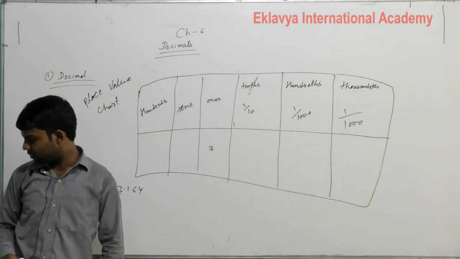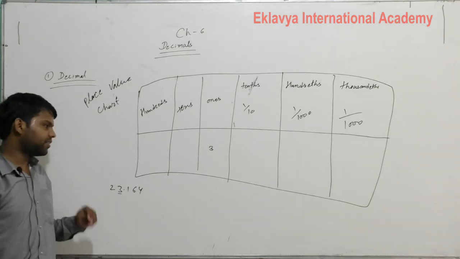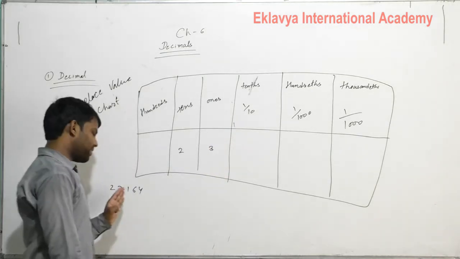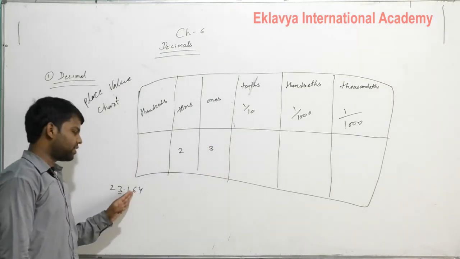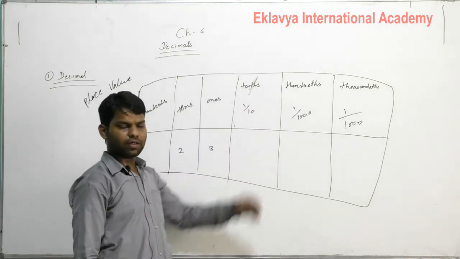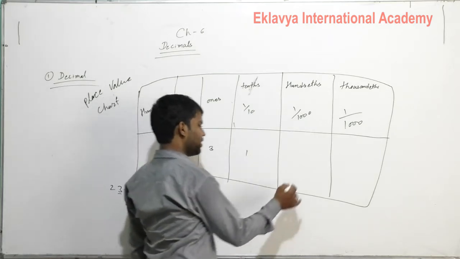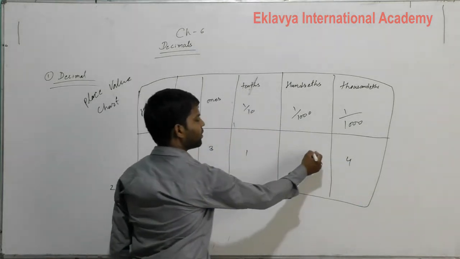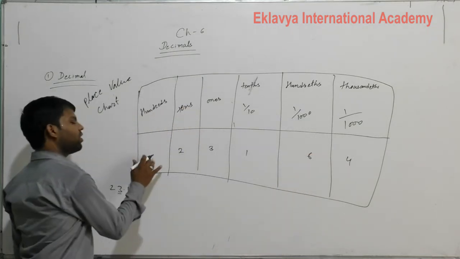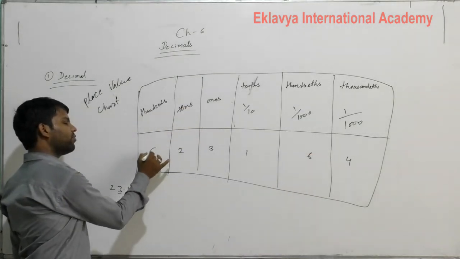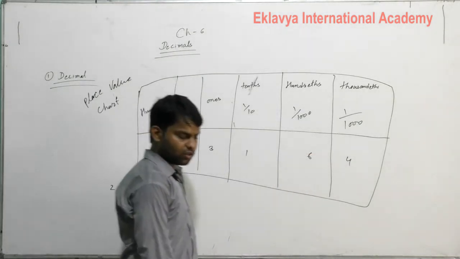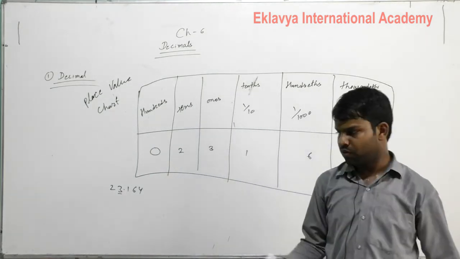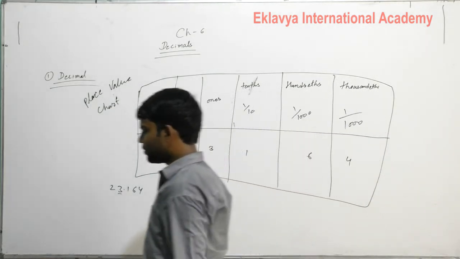At tens place we write the number 2. After the decimal, the first number is at the place value of tenths. So here we write 1, here we write 6, and here we write 4. If we do not have any number, then we put 0 here. So like this you can solve any questions.